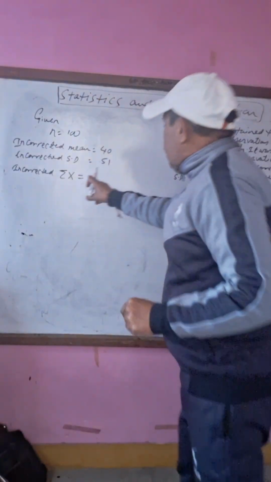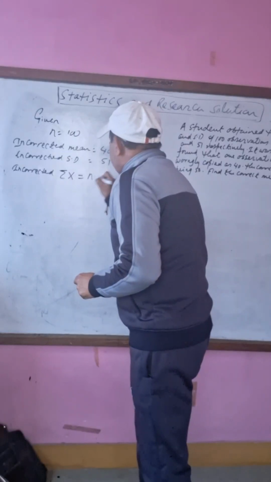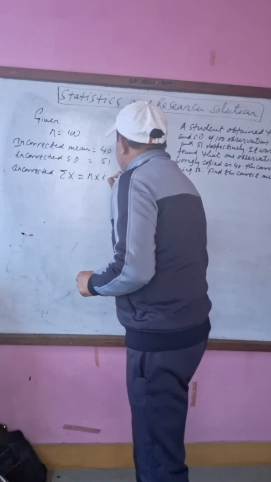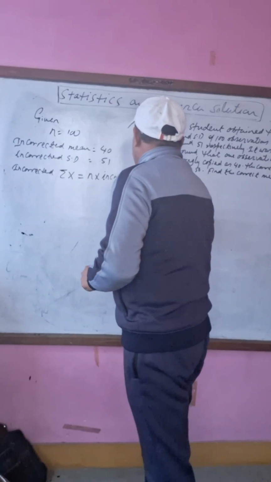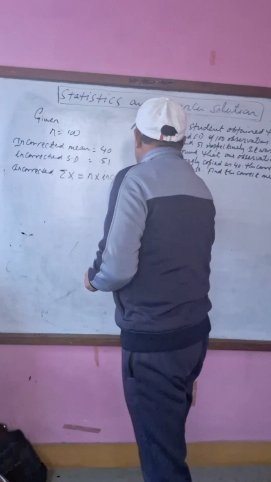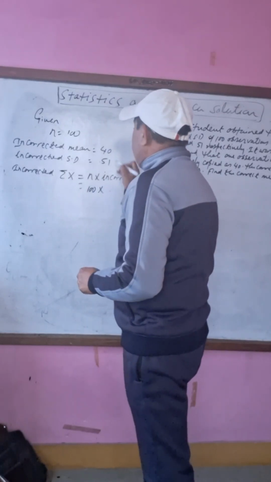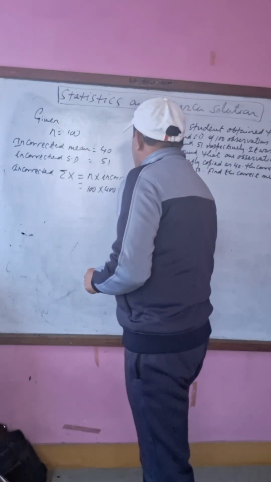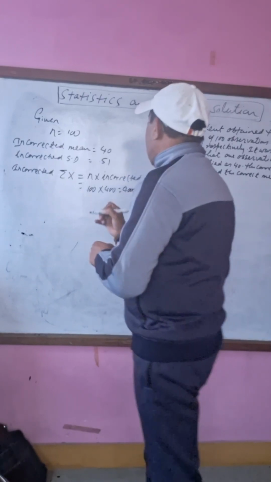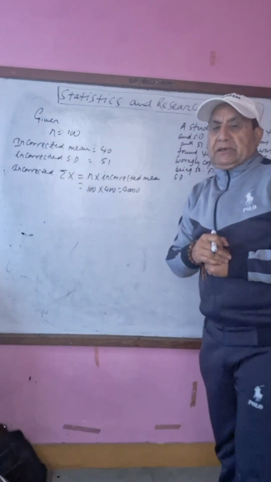The incorrect summation x is equal to n times the incorrect mean. n is 100, the incorrect mean is 40, so 100 times 40 is 4,000... 40 times 100 gives 4,000. So 4,000 is the incorrect summation x.